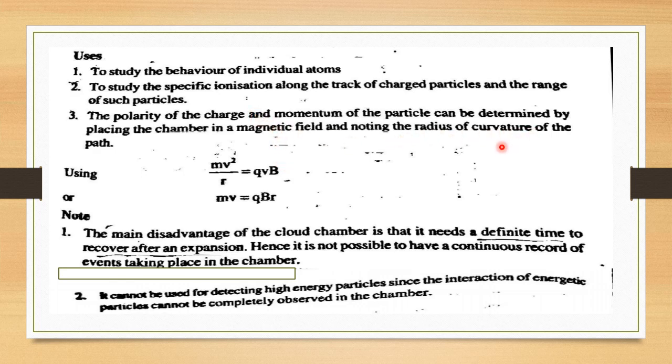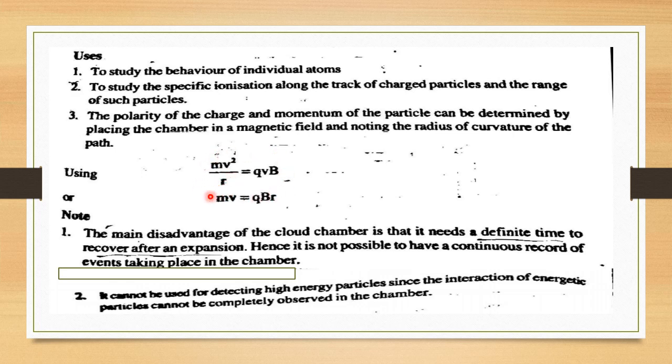follow a circular path whose radius of curvature can be found by the equation mv²/r = qvB. mv²/r is the centripetal force and qvB is the magnetic force. So, in a circular path inside a magnetic field of value B, q is the charge of the particle, v is the velocity, m is the mass of the charged particle, and r is the radius of curvature of the path.